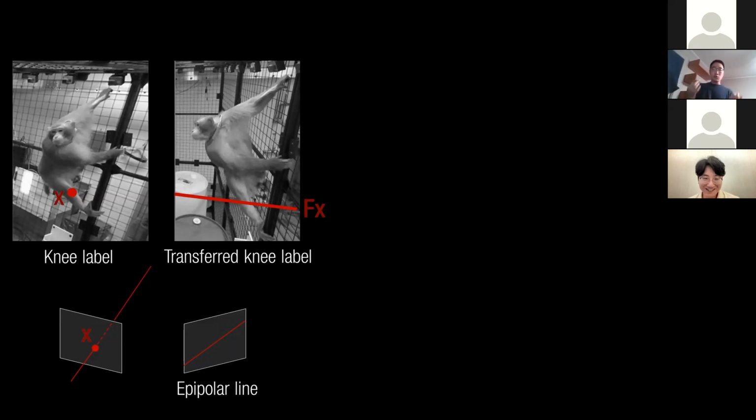What is so interesting about this idea is that if I know some information about one image, then I can transfer this knowledge to the other image. One interesting property of the epipolar line is that the corresponding point, the knee joint in the second view, must lie on this epipolar line.